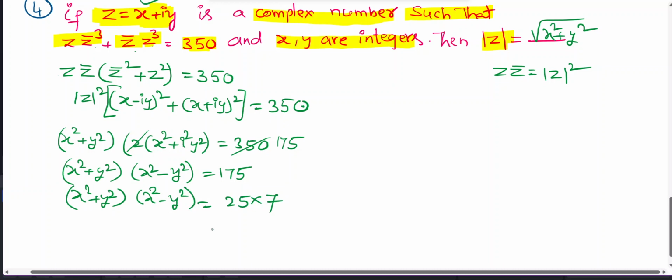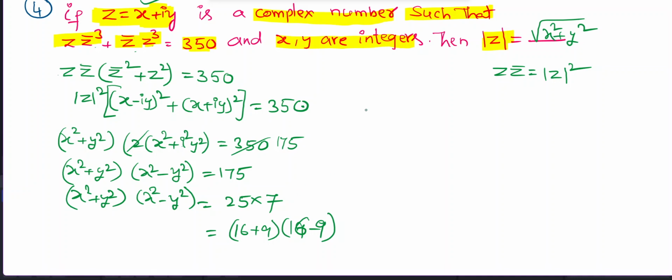This 25 is written as 16 plus 9, and this 7 is written as 16 minus 9, that is 16 minus 9 is 7. From this x square plus y square is equal to 25. From equating these two, x square is equal to 16, y square is equal to 9.